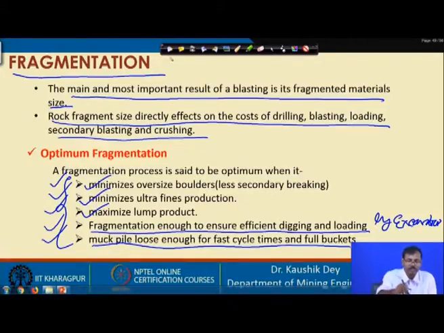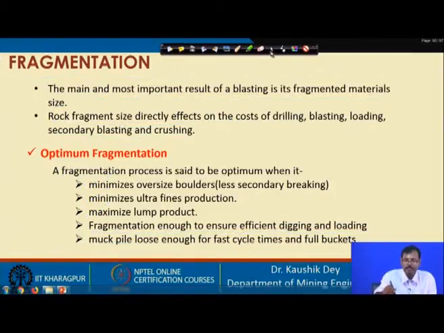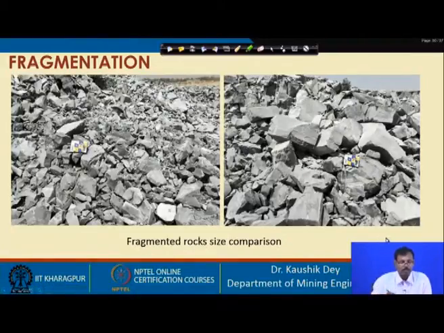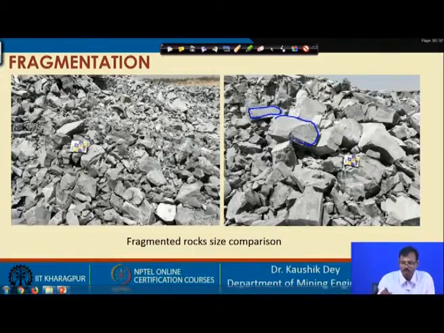So, considering this, an experienced person may tell that this fragmentation is very good, but where is the measure of this fragmentation? You can see these are the sizes of different boulders, and it is essentially required that one should know the size of each individual boulder while trying to assess the fragmentation.